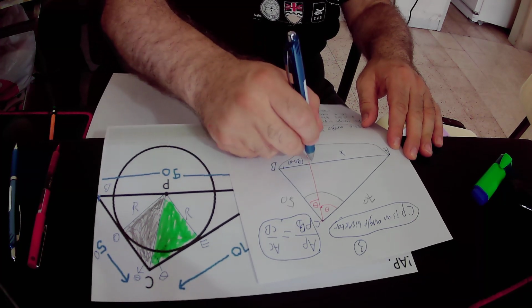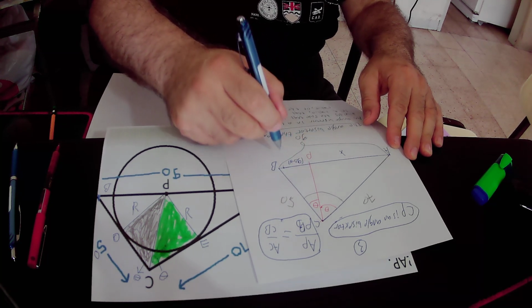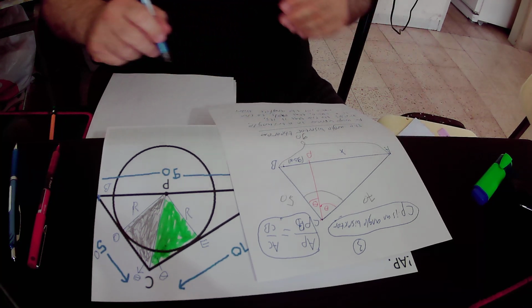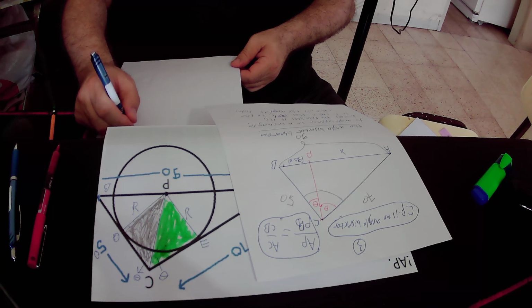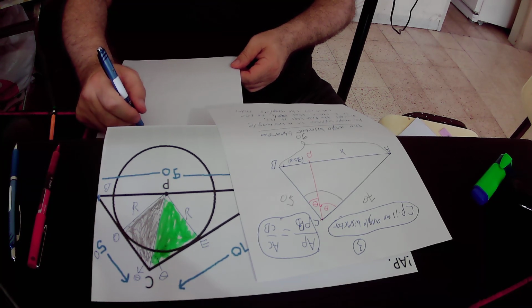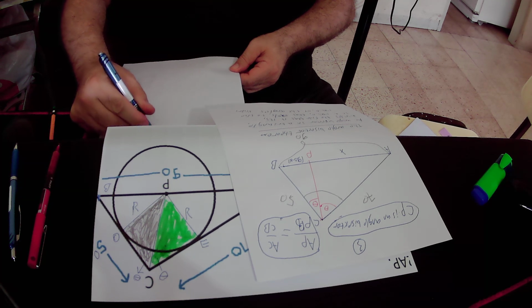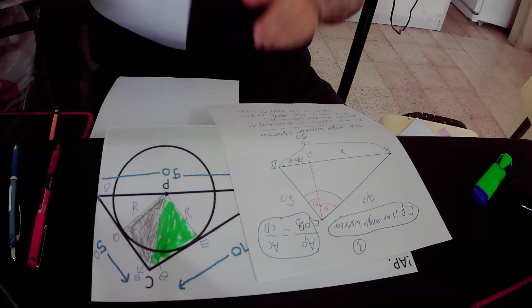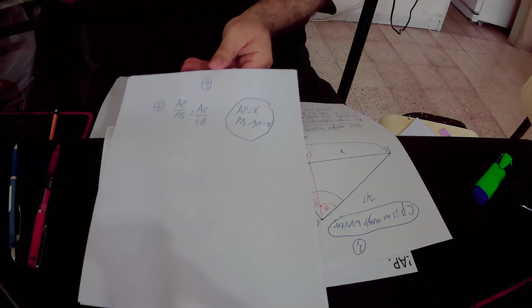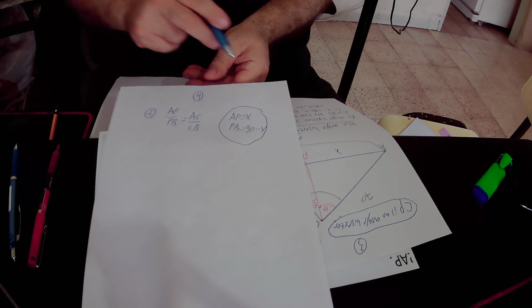So 90 minus AP, that is X, equals PB. So I write it here that AP equals X and PB equals 90 minus X, according to our definition.